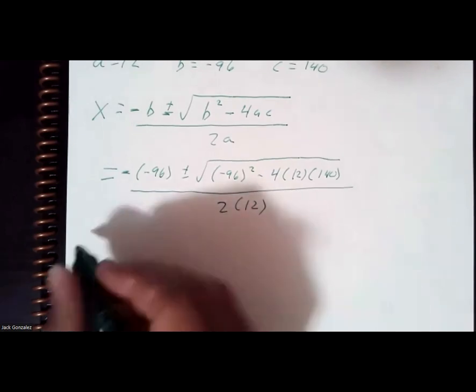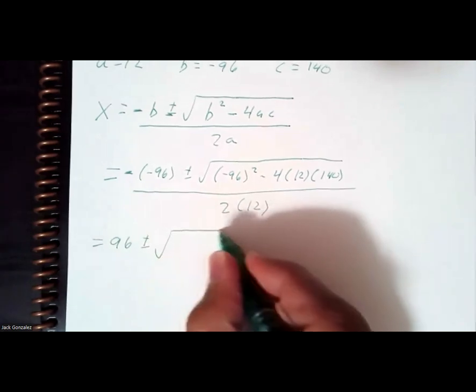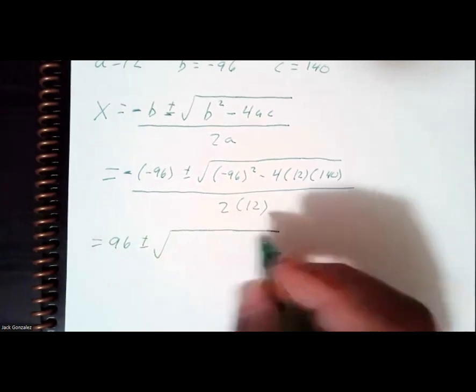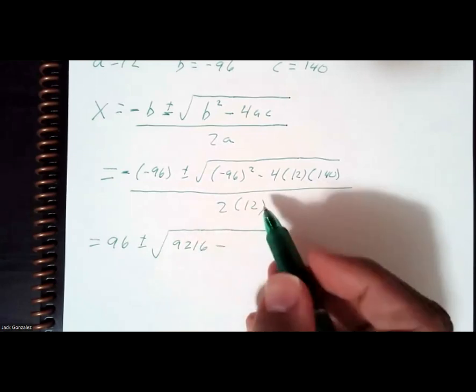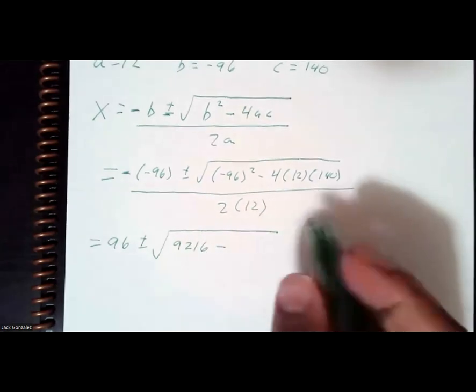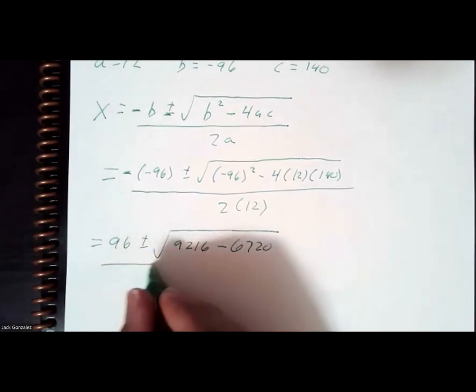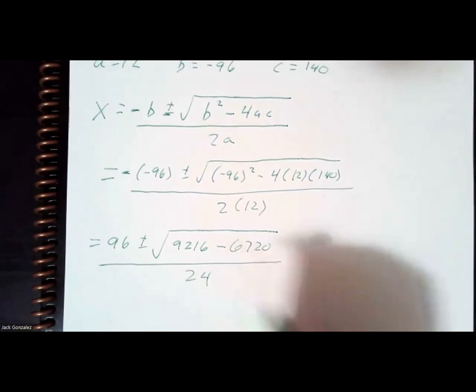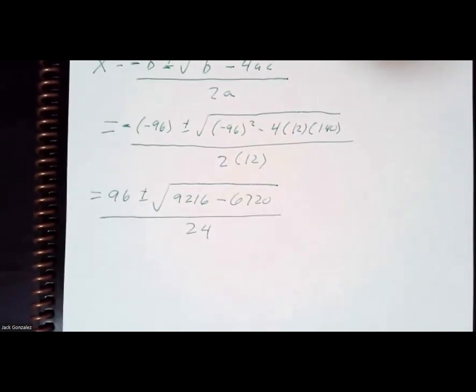Okay, double negative would make this 96. 96 squared is 9216. Negative 4 times 12 times 140, over 2 times 12. Okay, I'm going to skip through this because it's the quadratic formula.